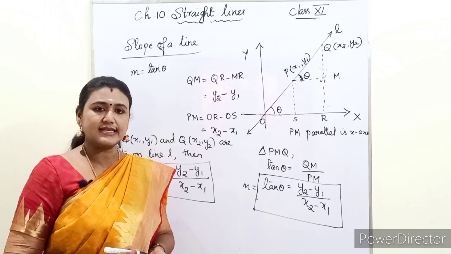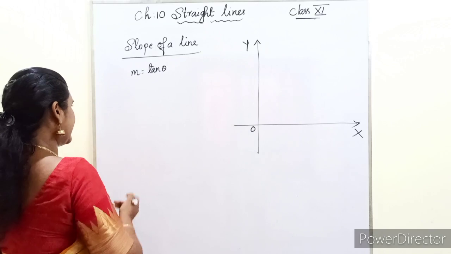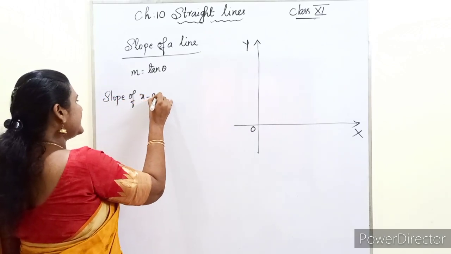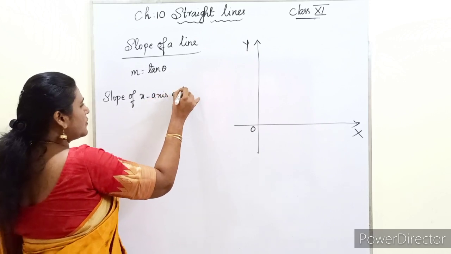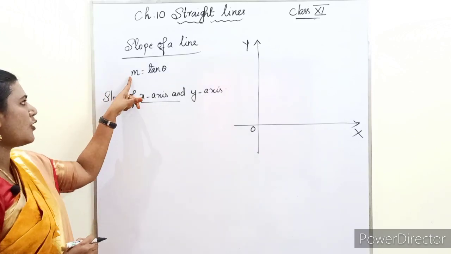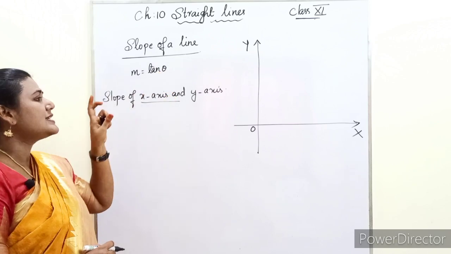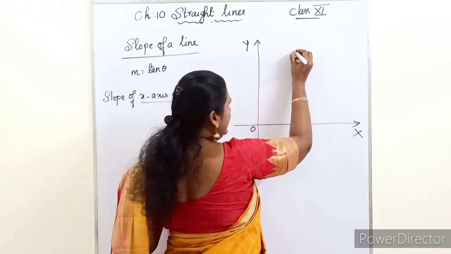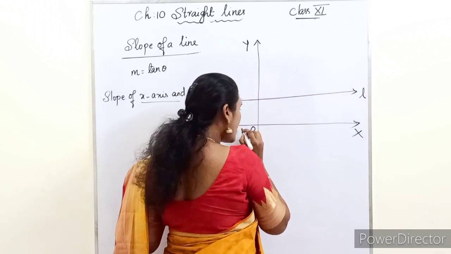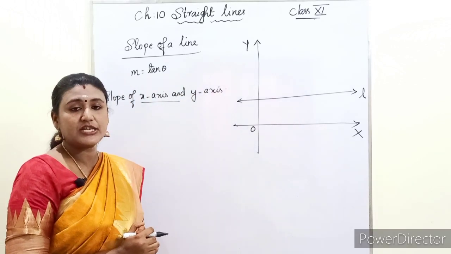by x2 minus x1. Now we will see what is the slope of x-axis and y-axis. We have already learnt the formula for slope: m is equal to tan theta, where theta is the inclination. Suppose we have a line parallel to x-axis or coinciding with the x-axis, in that case what will be the inclination?